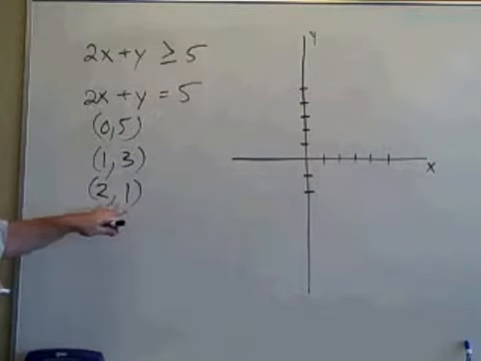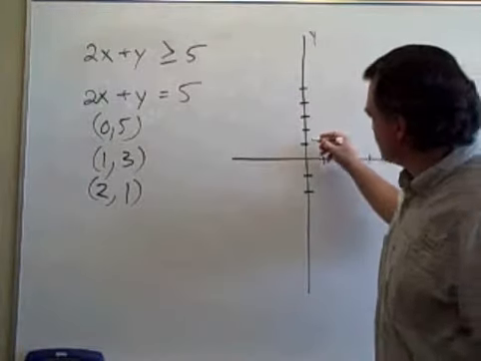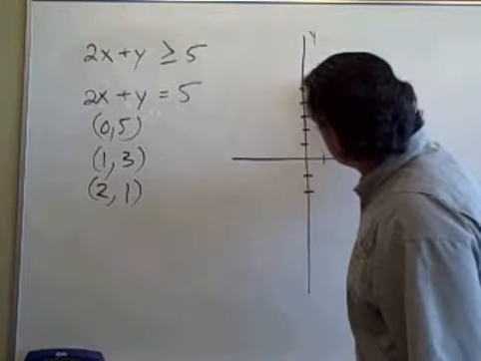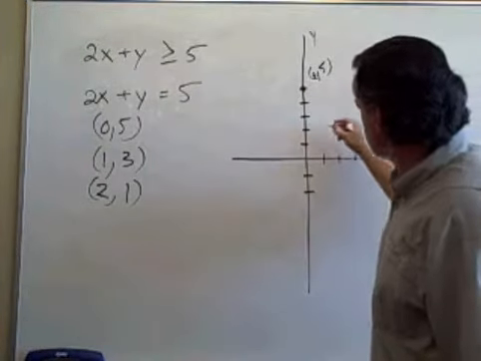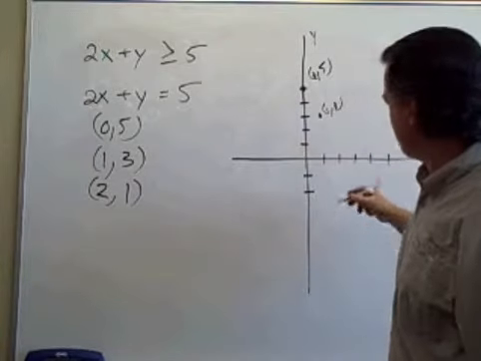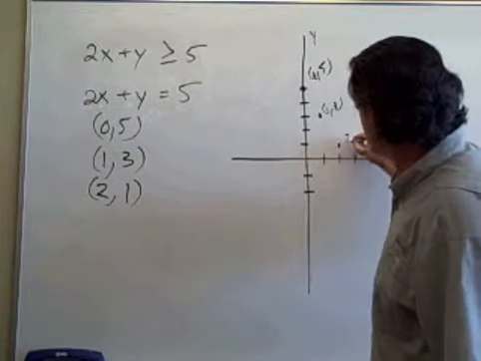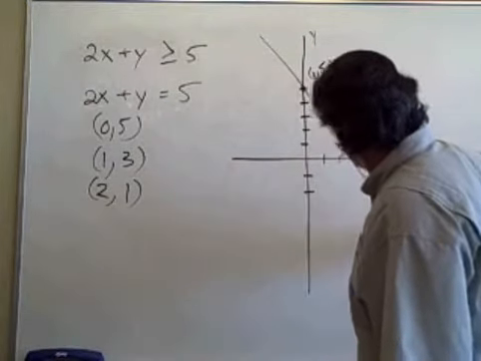So I have three solutions I can plot here on my graph. x is 0, y is 5. That's this point. If x is 1, y is 3. And if x is 2, y is 1. And we have the points. We can draw the line.